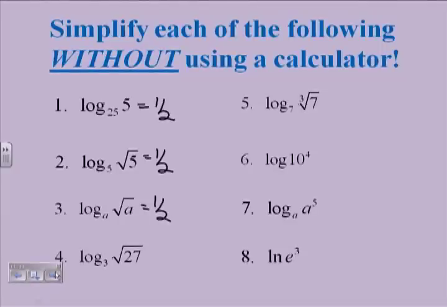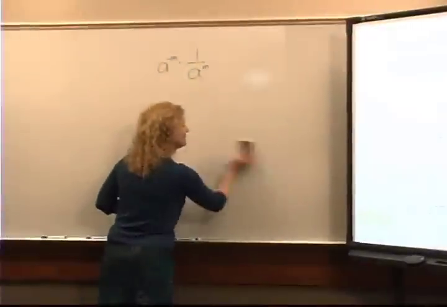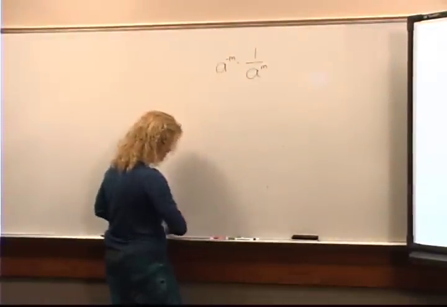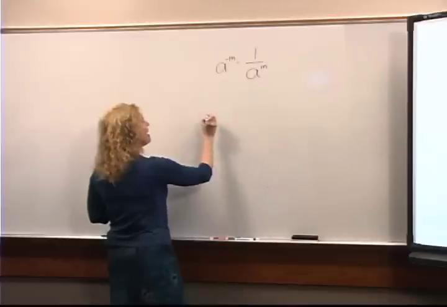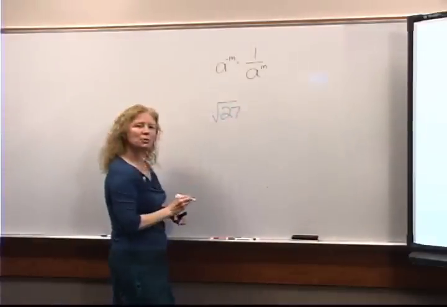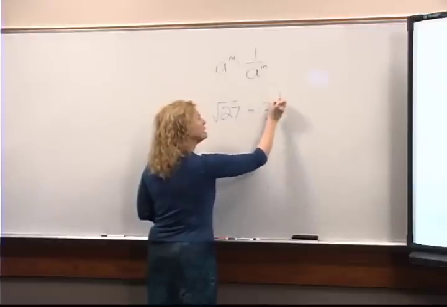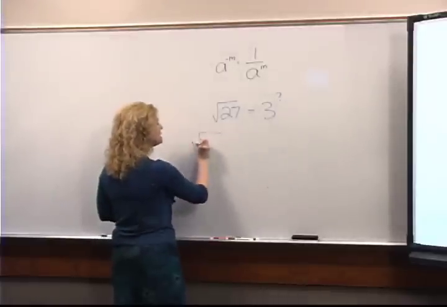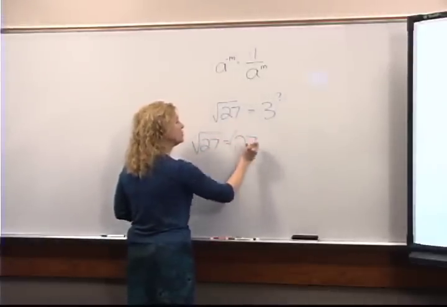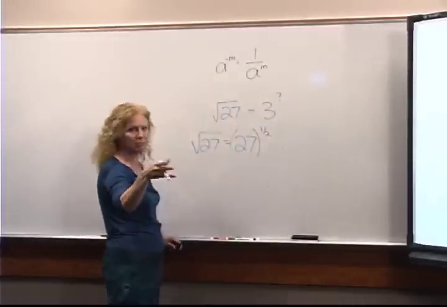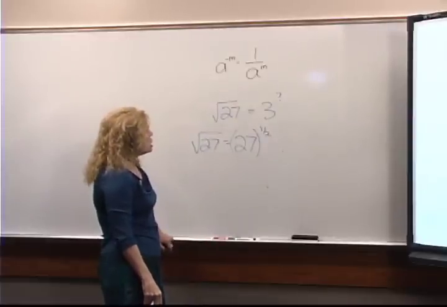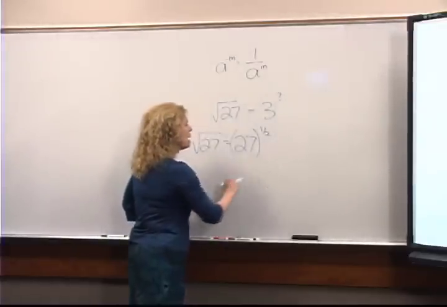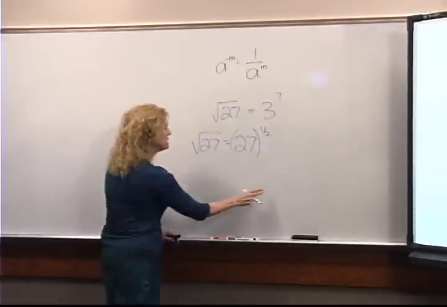Well, now this one's going to be a little bit different. Log base 3 of the square root of 27. Any of you have it just right off the top of your head? Are you that lucky? Well, if I've got the square root of 27 and I'm trying to figure out that's 3 to what power? Well, you know that the square root of 27 is 27 raised to the 1/2 power. We've worked with that several times here now. Well, then you might realize 27 is a power of 3, isn't it?